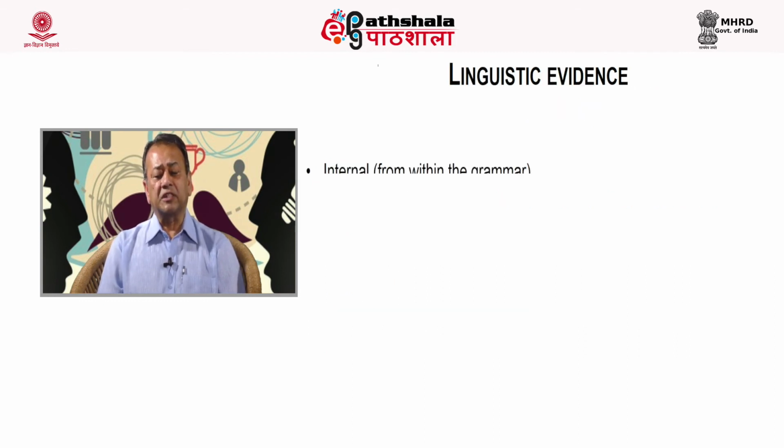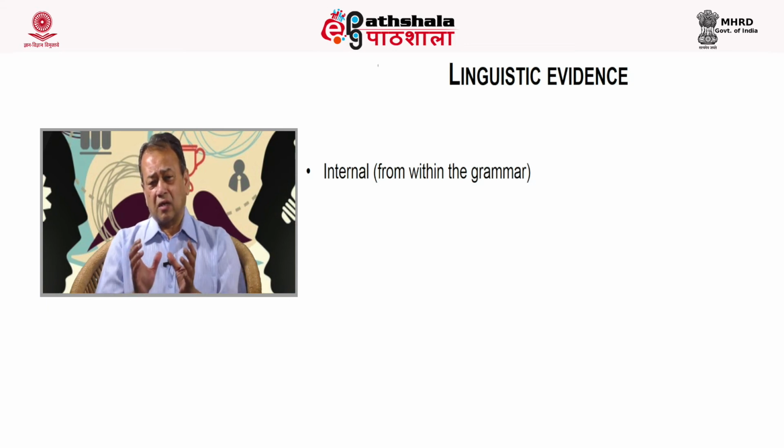Then finally, linguistic evidence. What kind of evidence is sought in these two approaches? In formal approaches, the evidence is entirely internal. That is, whatever arguments you make in formal approaches are essentially based on the system that you are investigating.